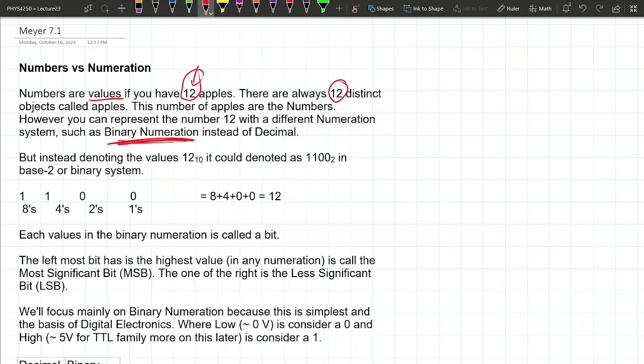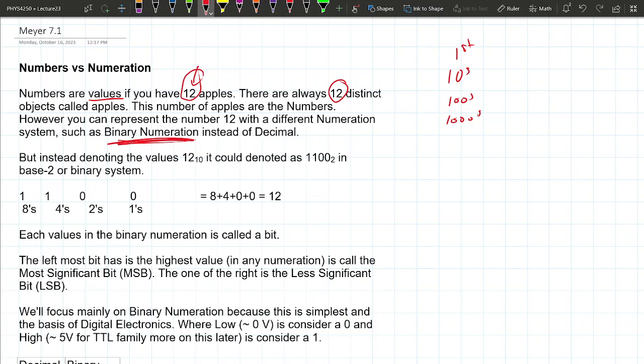So in decimal, there's the ones place, the tens place, the hundreds place, the thousands place. In each of these places, the numbers represent, for example, 1 times 5, or 10 times 5, meaning 50, or 100 times 5, meaning 500, or 5 times 1,000, right?